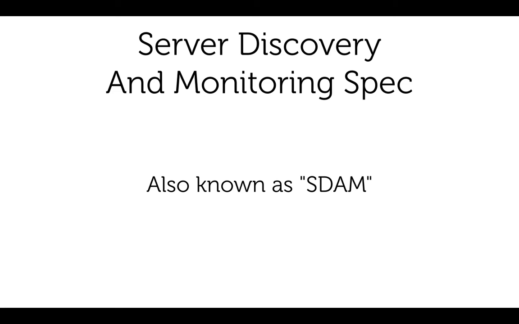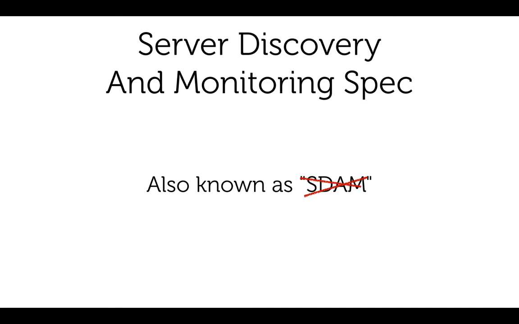And the spec describes how drivers discover which servers are in your topology, what kinds they are, primaries, secondaries, standalone, MongoS, arbiters, and how drivers keep this information up to date as circumstances change. You may also sometimes hear this spec referred to as SDAM, but I discourage the use of that acronym. When we're talking to each other, we should use the full name so we know what we're referring to, but if you hear that acronym, at least you know that it's the Server Discovery and Monitoring spec.